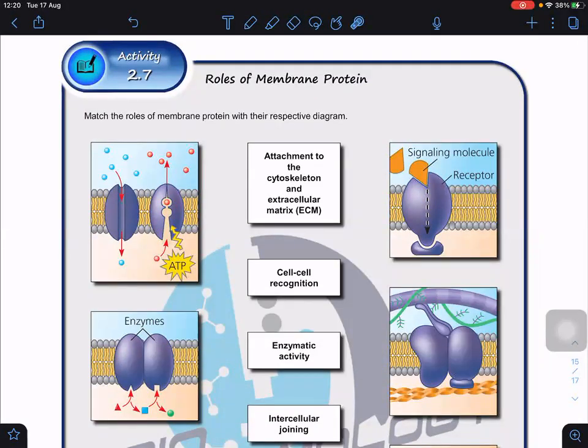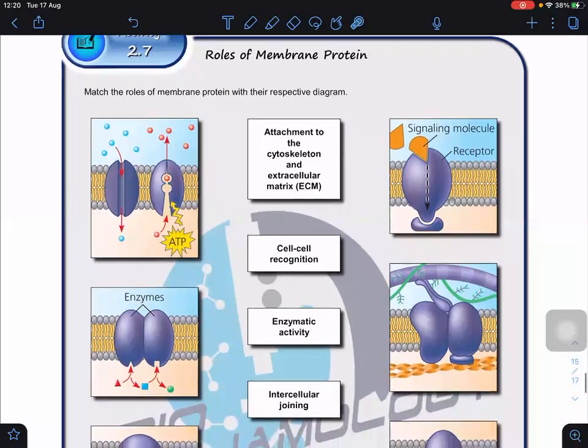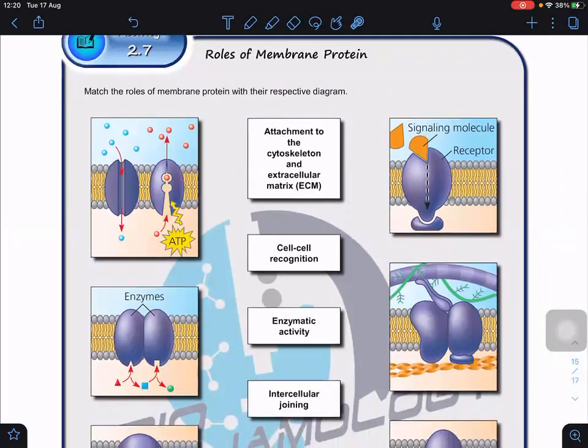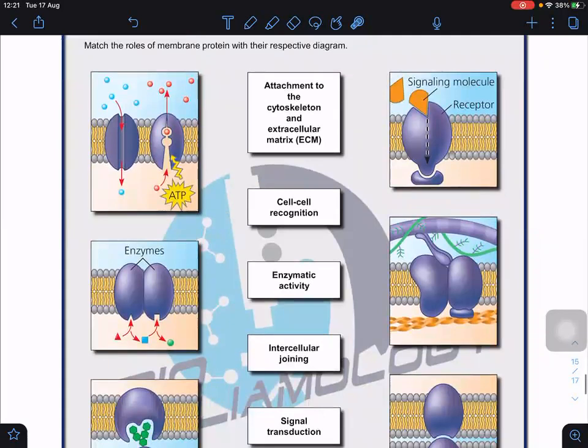Now, first, attachments to the cytoskeleton and extracellular matrix. We learned that the cytoskeleton microfilaments can change the shape of the cells, so they have to attach to the membrane. Membrane proteins allow the interaction between the cytoskeleton and the extracellular matrix. This refers to the second diagram, right-hand side.